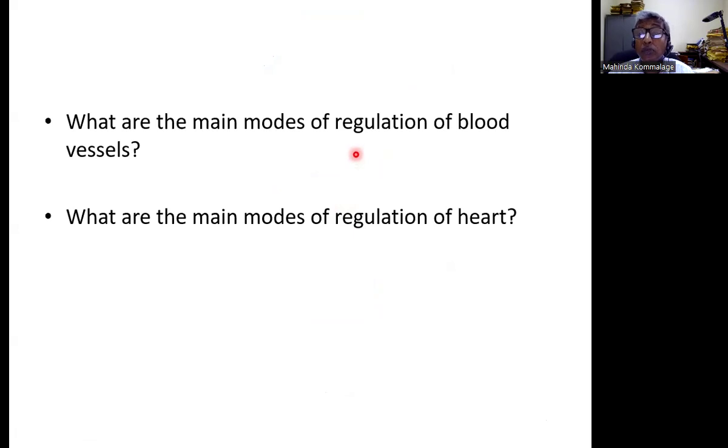Right. So later, try to answer these two questions. What are the main modes of regulation of blood vessels? What are the main modes of regulation of the heart? Sympathetic, parasympathetic, hormonal regulation. For the blood vessel: systemic regulation, through the nerves and hormones, and local regulation through the metabolically active substances and locally secreted substances.